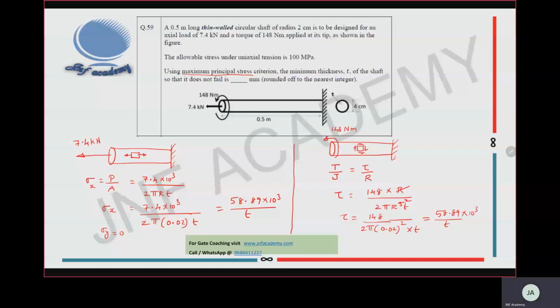So the theory which they are saying is maximum principal stress theory. Okay, so we'll have to find out the maximum principal stress first. We all know the principal stress formula, sigma 1, 2 formula, right? Sigma x plus sigma y by 2 plus or minus square root of sigma x minus sigma y by 2 whole square plus tau xy square.